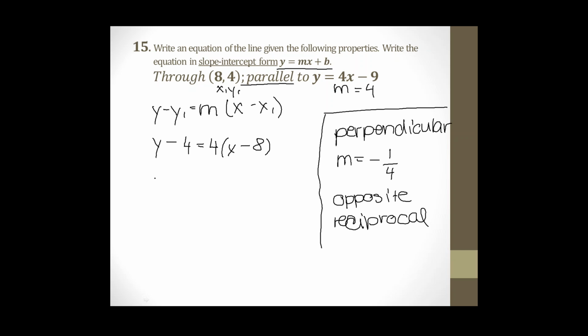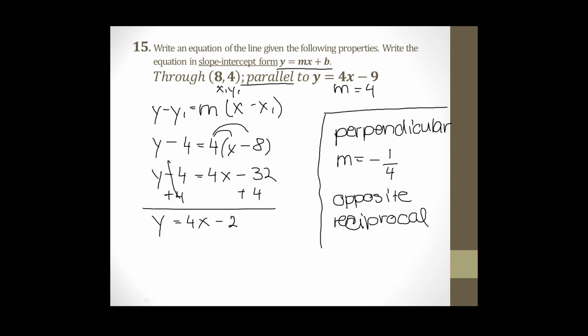Solving for y, use the distributive property for 4x minus 32, and then bring this over to the other side to get y by itself. y equals 4x, and adding these together should give you 28. And this is answer choice D.